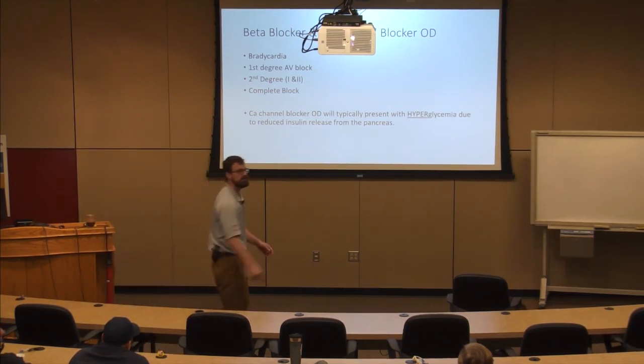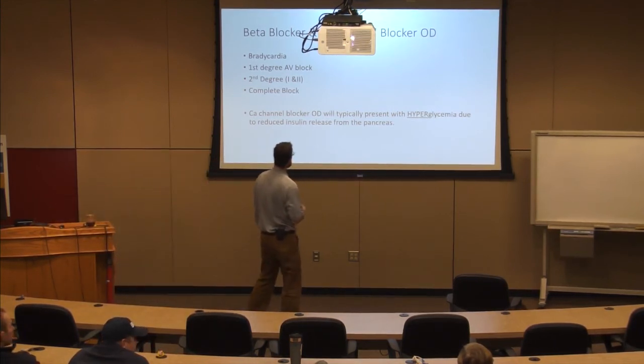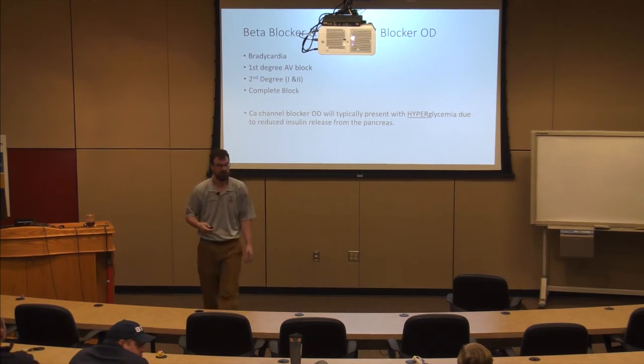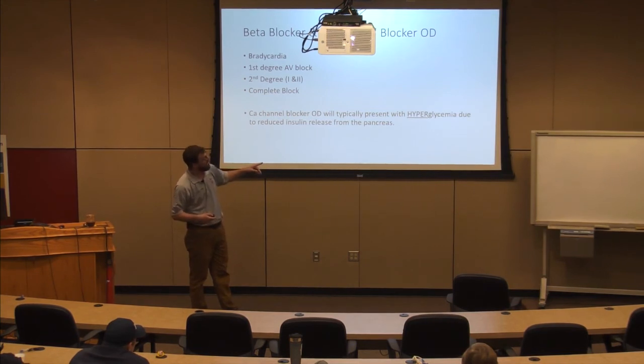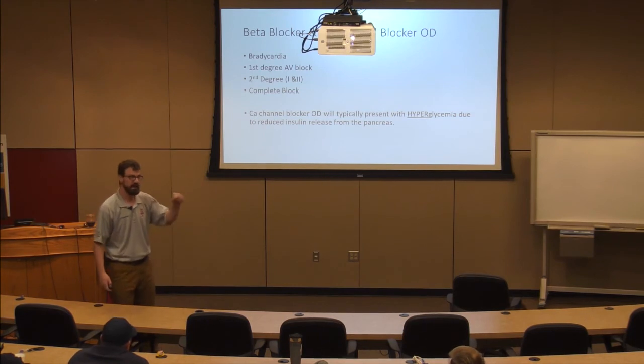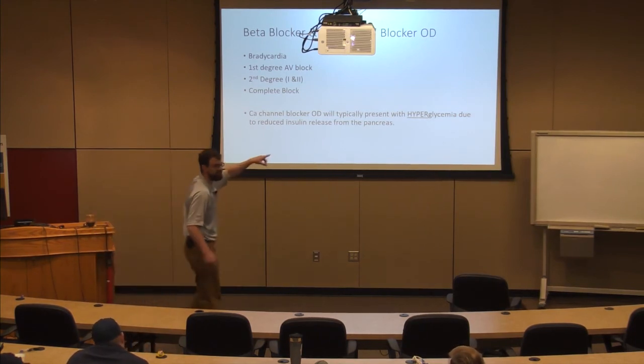Go ahead, Dean. Flipping that around, if you have a patient that presents with hyperglycemia, then you should be on your guard and check for the beta blockers. You could do that, but the reality is the vast majority of hyperglycemics are just going to be poorly controlled diabetics, right?